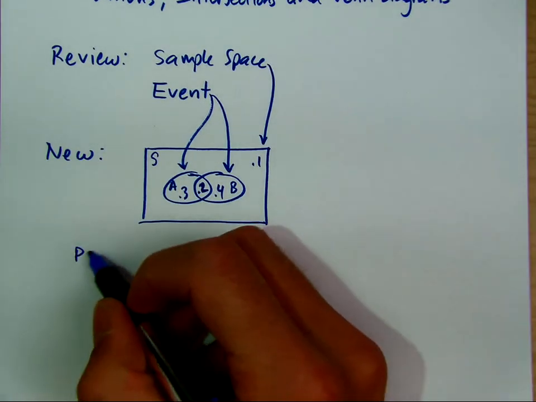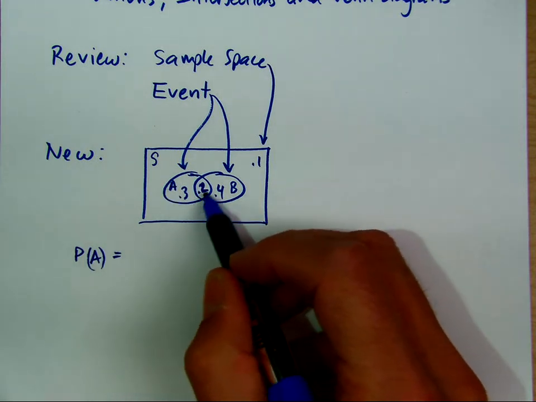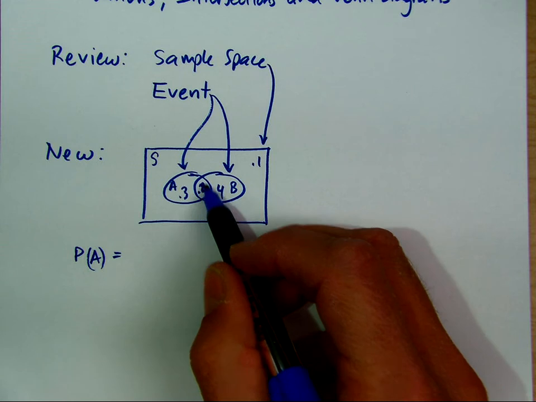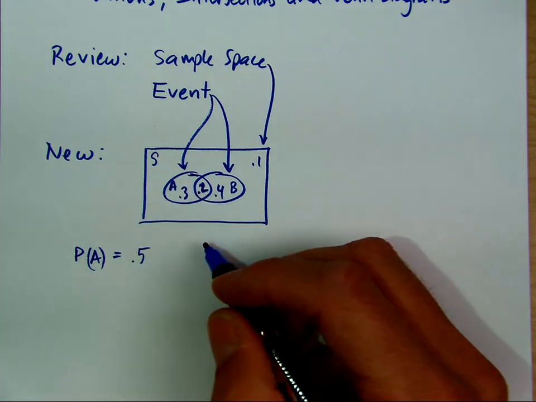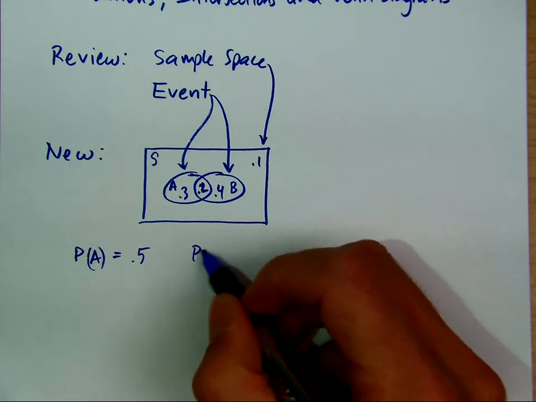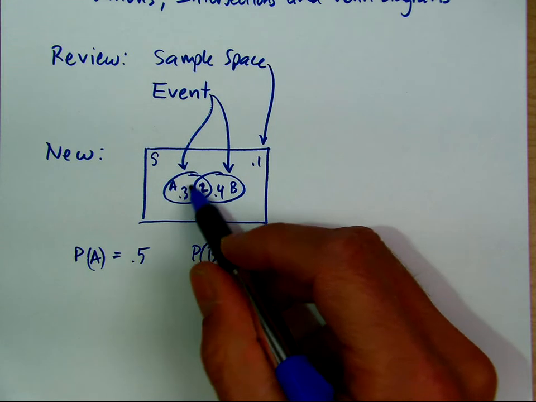The probability of event A is 0.5 because A has a total area of 0.5, including that, and that's called the intersection. The probability of event B is 0.6 because it's the total area.